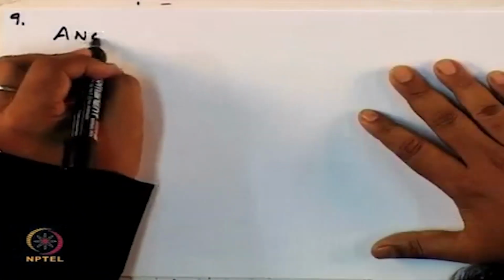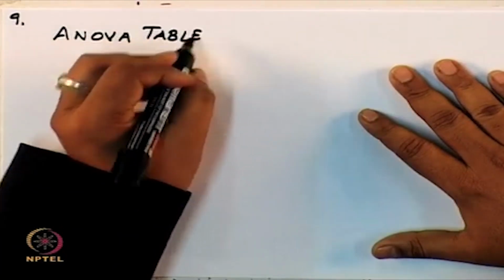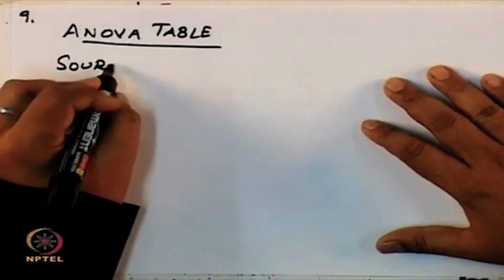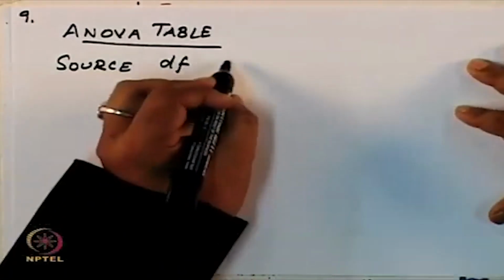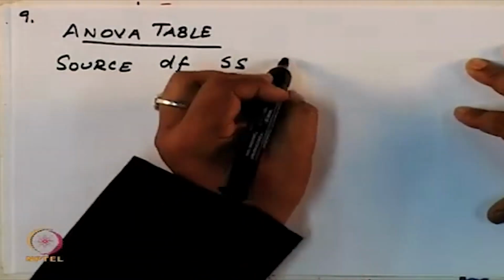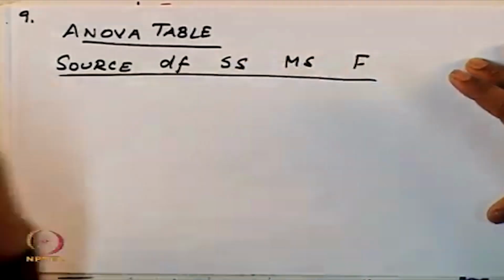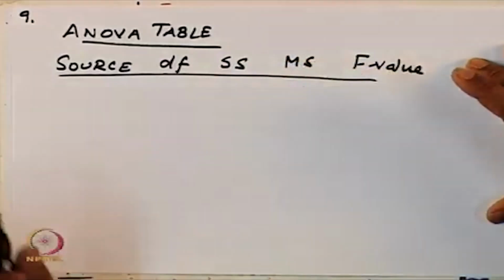Okay. So, when you put all these together, you generate an ANOVA table. Your typical ANOVA table will look something like this: source, degrees of freedom, sum of squares, mean squares, and F value.